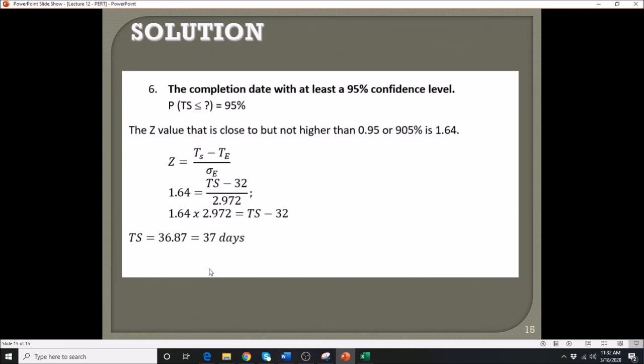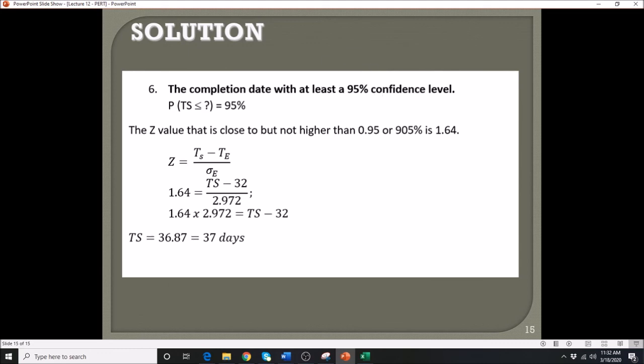Let's take a look at another problem here. Okay, the completion date with at least 95%. This time is 95%. So we will be looking up where is this 95% on the table.